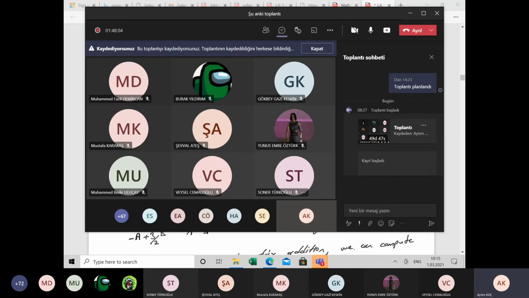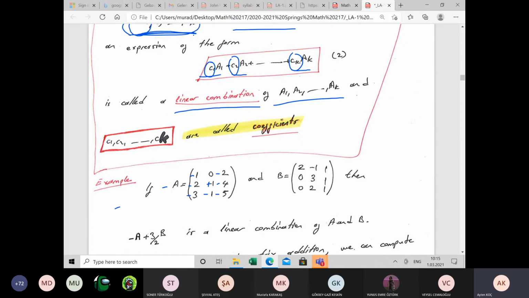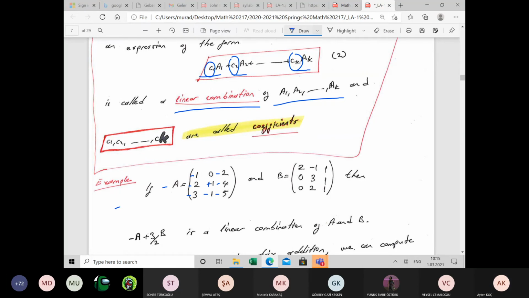What's the result? This one is a matrix, a 3 by 3 matrix.